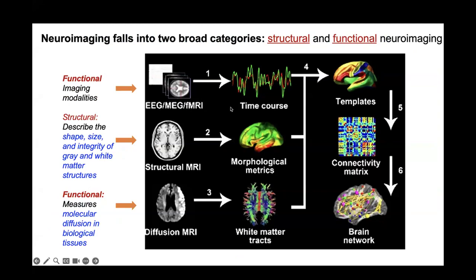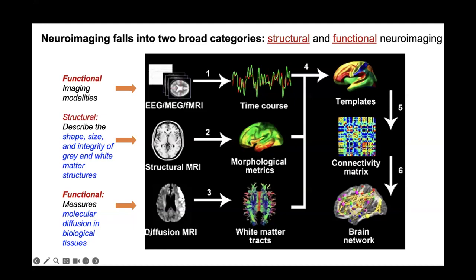They can measure brain activity, and diffusion MRI can measure the molecular diffusion in biological tissues. However, structural neural imaging describes the shape, size and integrity of the gray and white matter structures in our human brain.